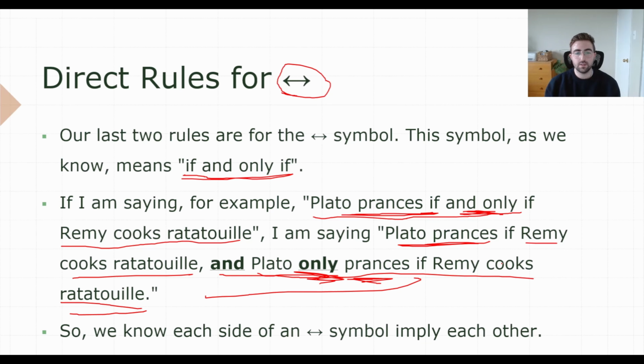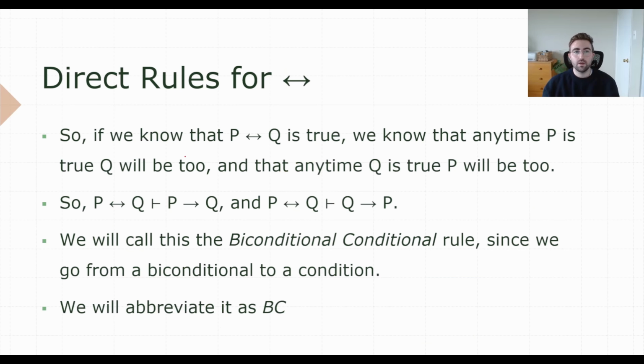Yeah, so it's the two sides of it. The if and only if symbol implies each other. It's kind of like putting two of our normal if then arrows, right? So it's saying anytime Plato prances, Remy cooks ratatouille, and anytime Remy cooks ratatouille, Plato prances. That's what the if and only if symbol is saying. So we know that if P if and only if Q is true, then anytime P is true, Q will be too.